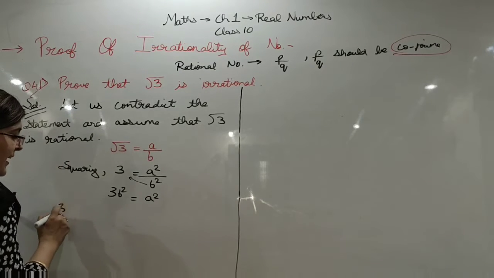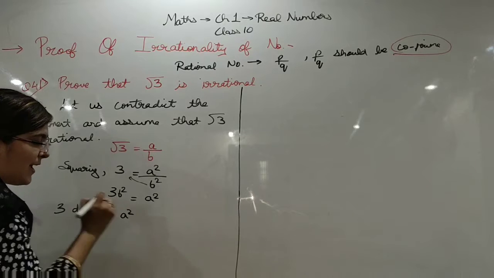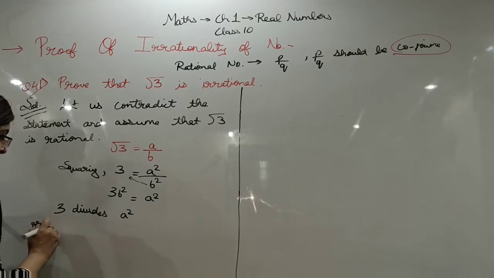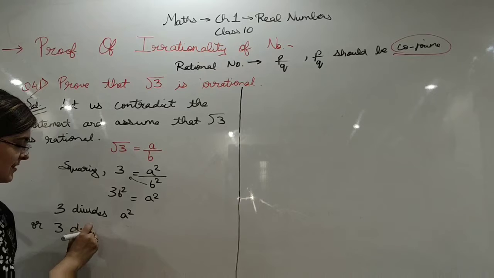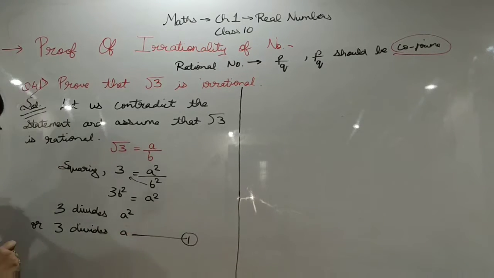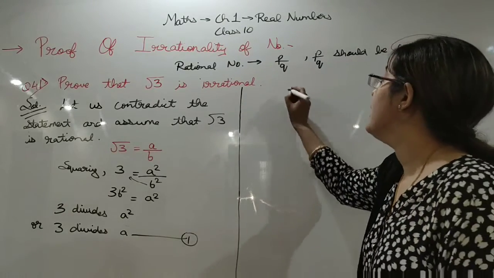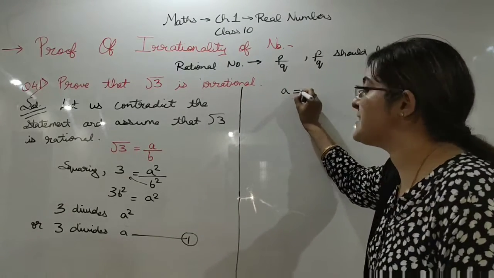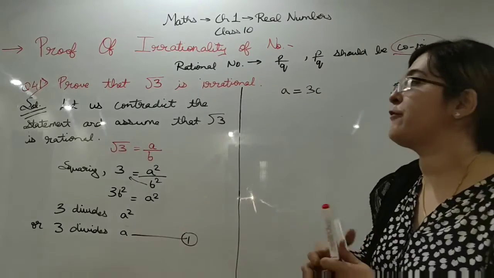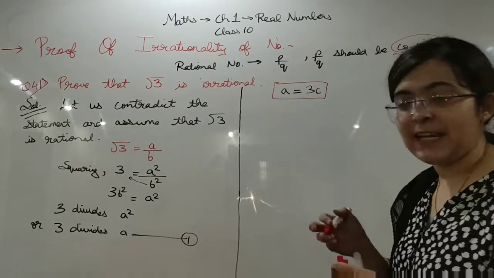Now what we can write? 3 divides a square, or 3 divides a. Equation 1. Our next step is to introduce a third variable c. What we will put here? A is equal to 3c. I have told you that if we have to prove root 3, we will put a is equal to 3c.